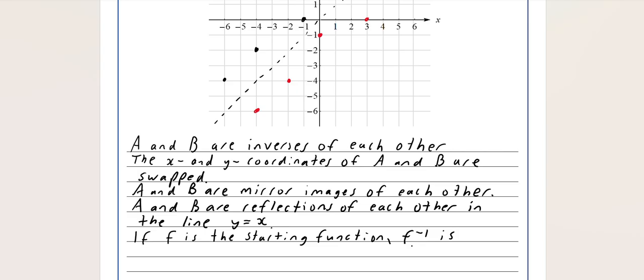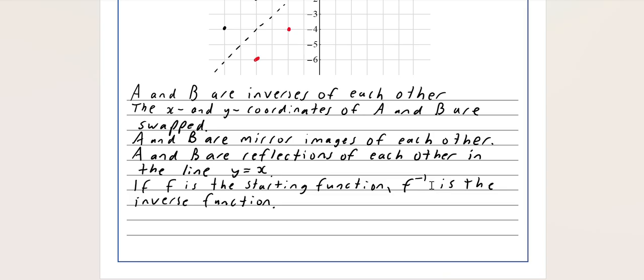Just want to fix it up so it's extra clear. Sorry, -1 goes up the top. -1 is the inverse function. So if we have function f, f with a -1 up the top, we call this inverse function.